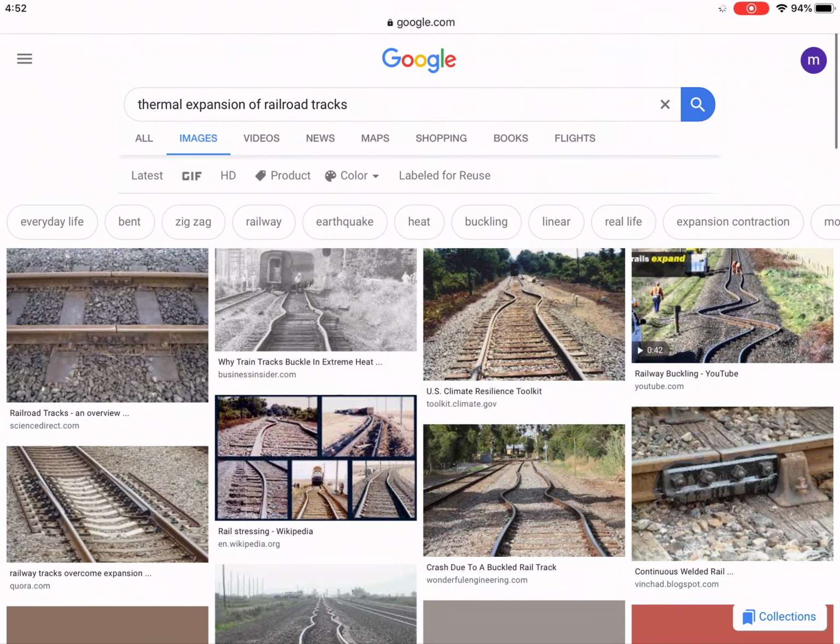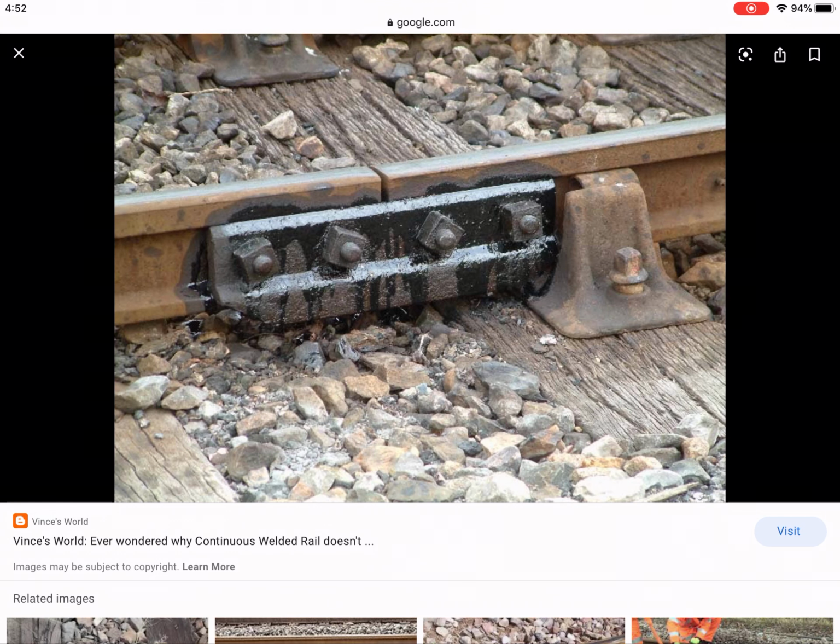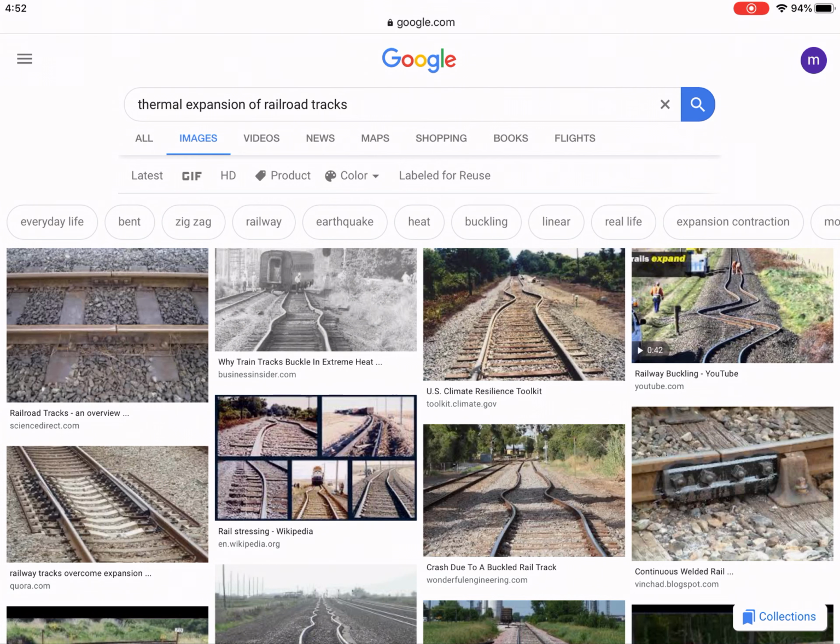Why does this happen? If you butt the ties up together too close, when they try to expand, there's no way for them to go, and they will bend. And this happens violently. I suggest you look for a video of this. So you put joints in. So you see this one right here. There's a joint there that allows for a little bit of expansion.